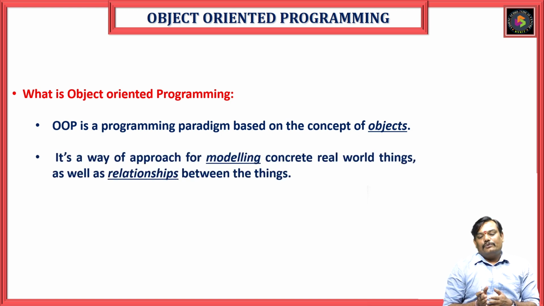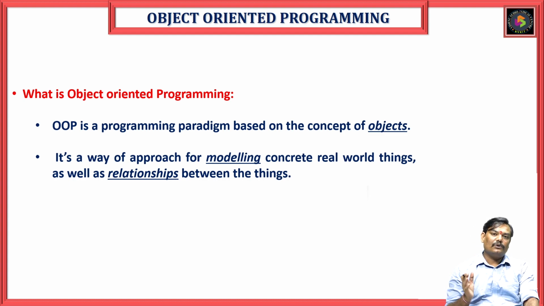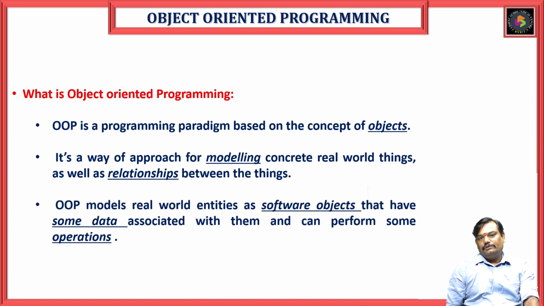It is an approach for modeling concrete real-world things as well as relations among the things. So we can model real-world entities as a software object that will have some data associated with it, and then we can perform some operations on that data.